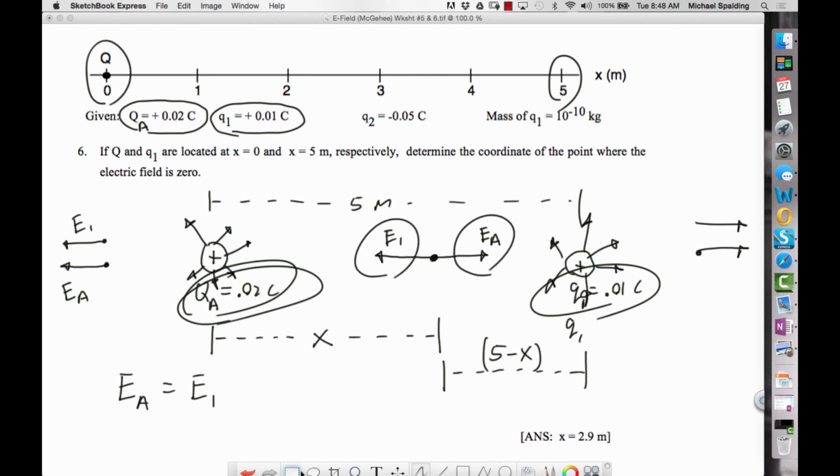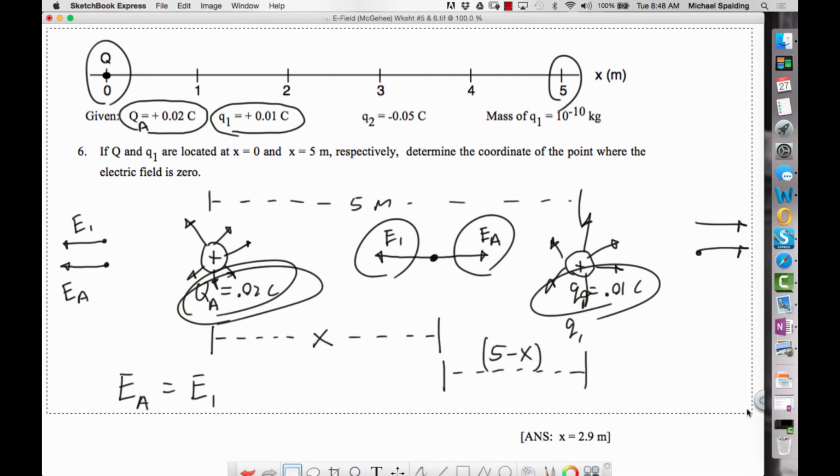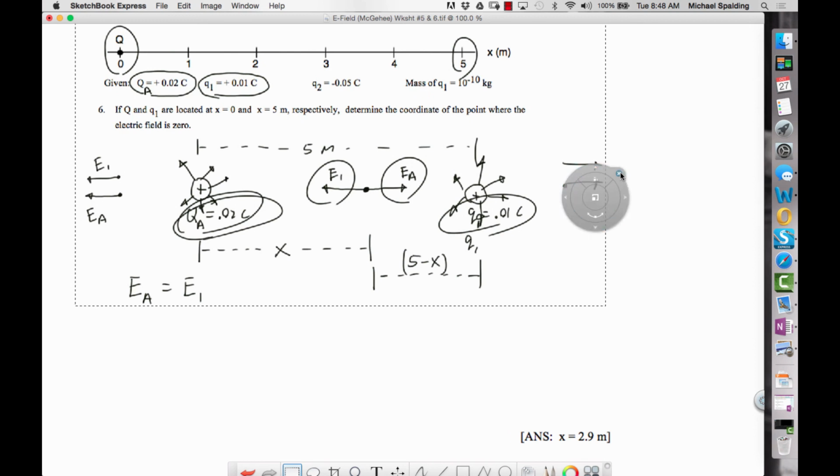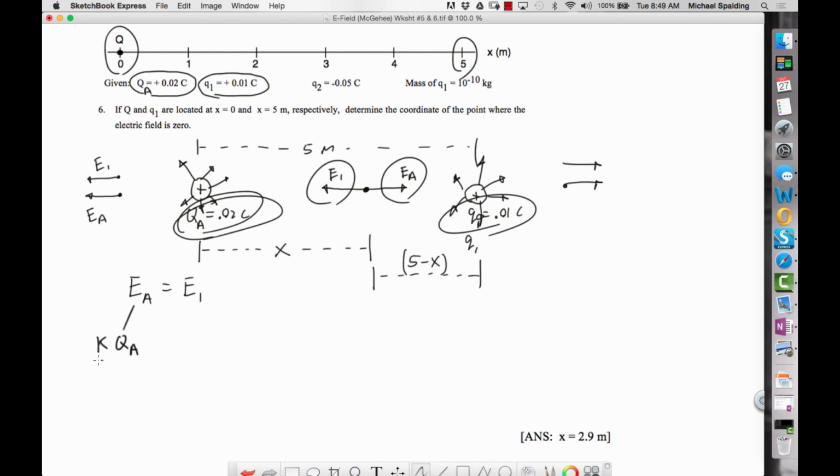So I've got to make some room here. Let's shrink this down. Now what you do is, what's the equation for electric field? k, Q_A, and then what's the distance for charge A? That's going to be x.